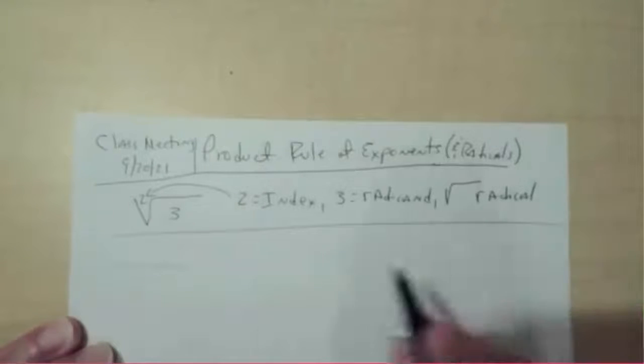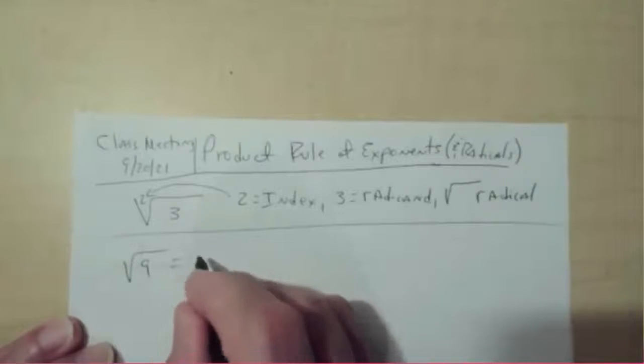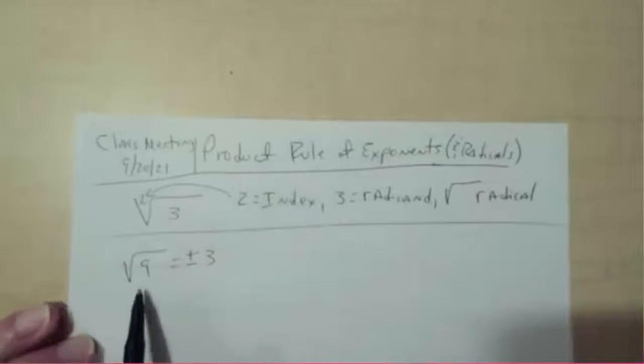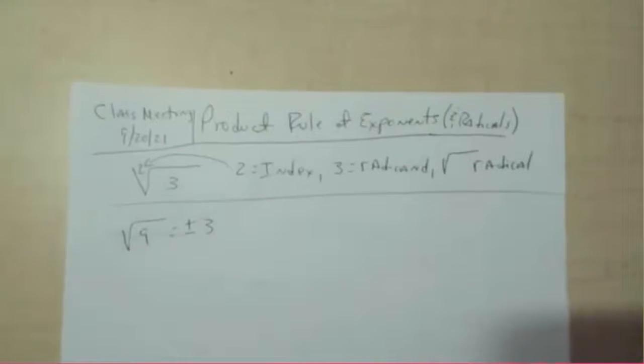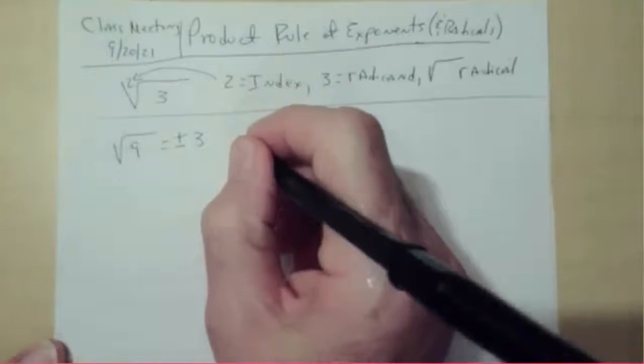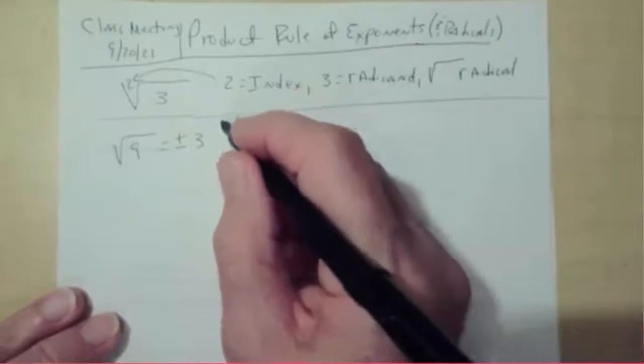So if we had this, the square root of 9 is plus or minus 3. Because remember, what does the radical mean? What number times itself is 9? Well, 3 times 3 is 9, but also negative 3 times negative 3 is also 9. On Wednesday we'll talk about this some.